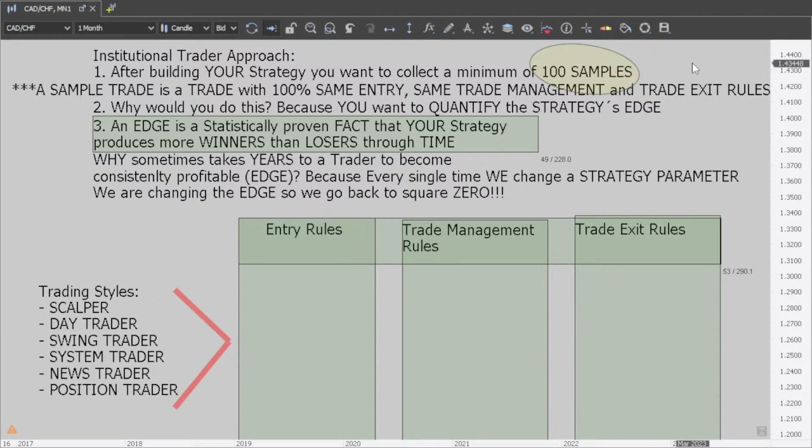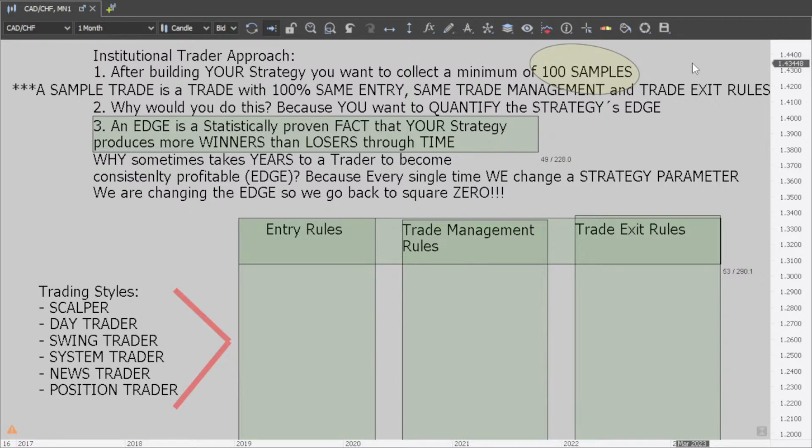Here is the good news, everybody. If you can come to 100 samples or 200 samples and you have the numbers showing your strategy has an edge, you can party, because you become an instant millionaire. Wow, really?